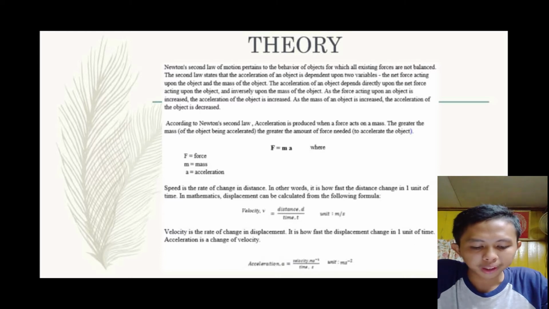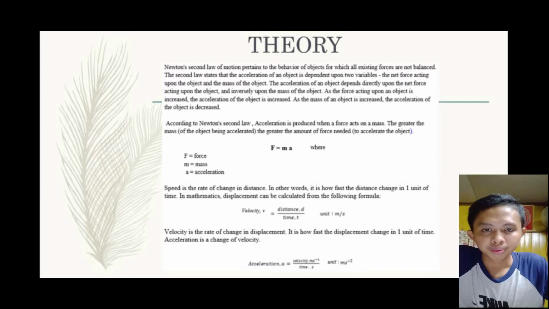The greater the mass of the object being accelerated, the greater the amount of force needed to accelerate the object. F for force, M for mass, A for acceleration. Formula: F = m × a.